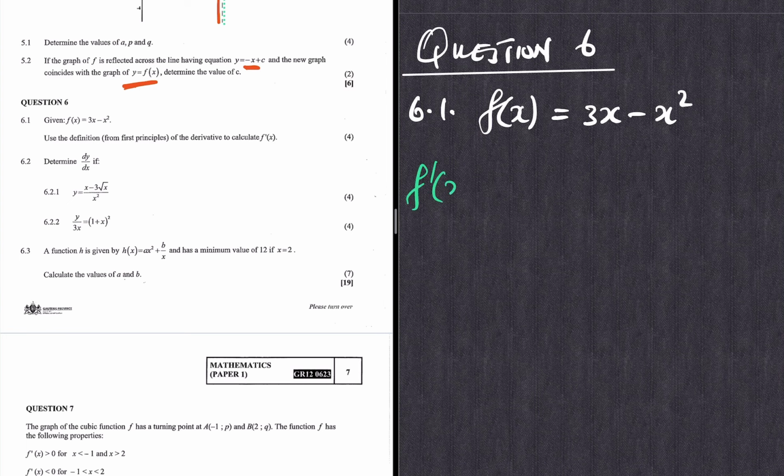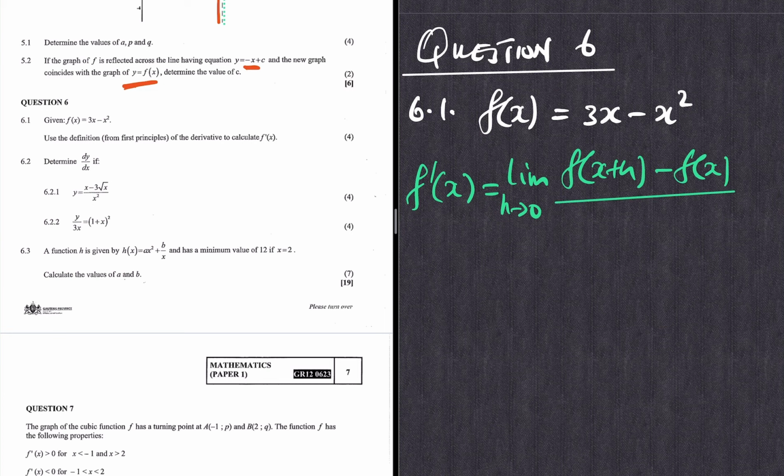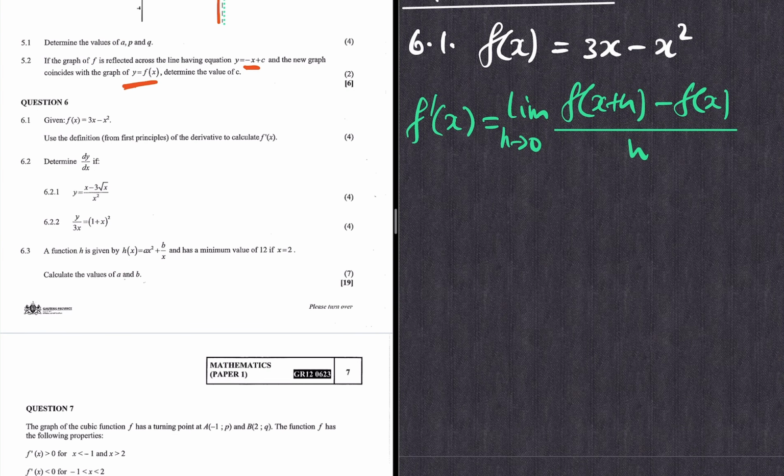You have f prime of x equals the limit as h tends to 0 of f of x plus h minus f of x. We have to divide this whole thing here by h. Okay, divide this by h. Very quickly here, wherever there is x, I'm going to put x plus h.